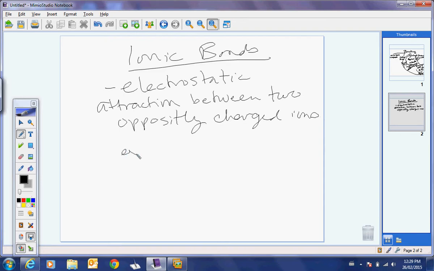A lovely definition. Examples? NaCl, which consists of which two oppositely charged ions?